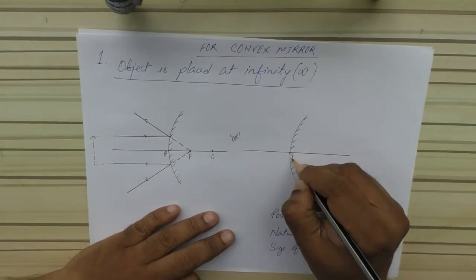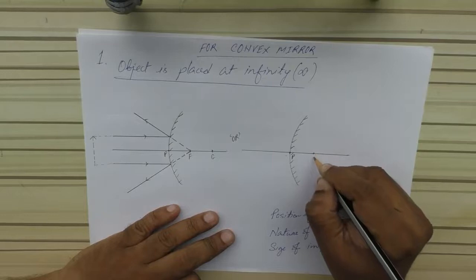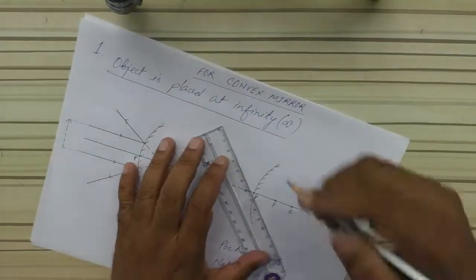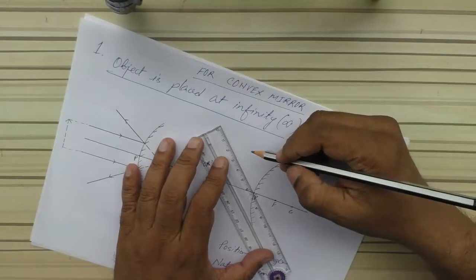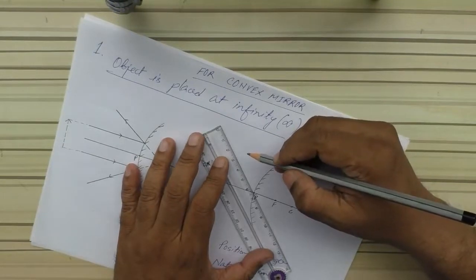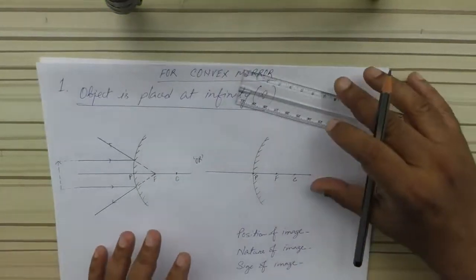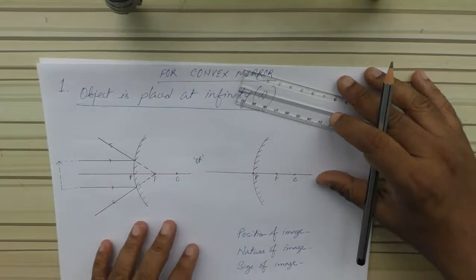So here pole, focus, center of curvature. This time the light rays are parallel to one another but not parallel to the principal axis. So in this case also image should be formed at focus.